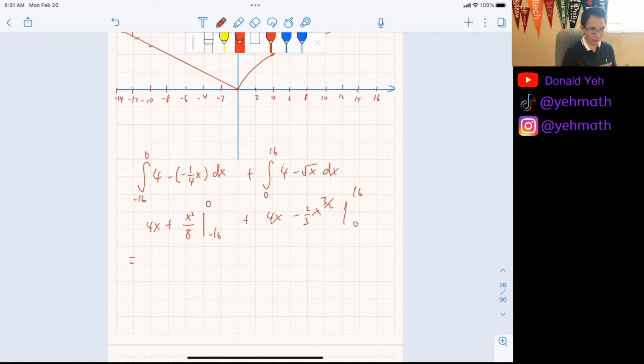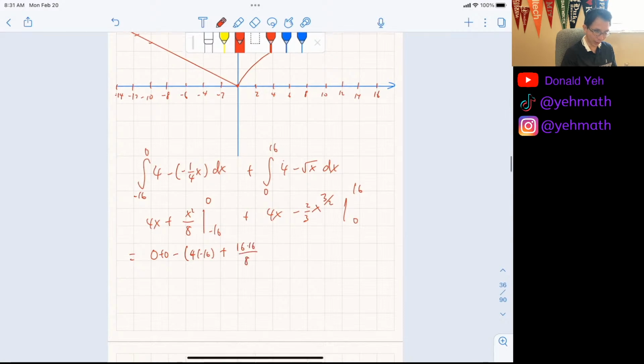So I plug in 0. It's going to be 0 plus 0 minus 4 times negative 16 plus 16 times 16 over 8. The reason I write it out is because I can simplify it.